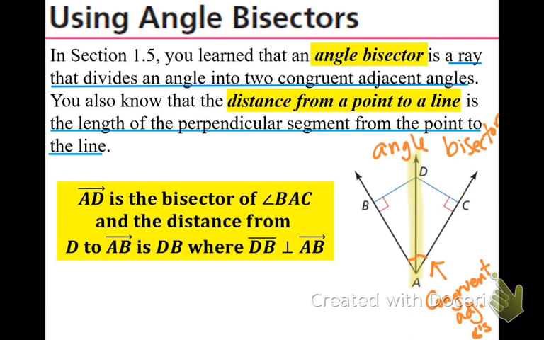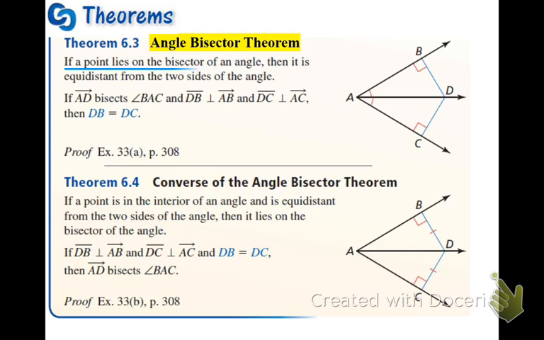So we're going to see the theorem. It's very similar to the perpendicular. If a point lies on the bisector of an angle, then it is equidistant from the sides of the angle. So go ahead and write that in. If a point lies on the bisector of an angle, then it is equidistant from the sides of the angle.